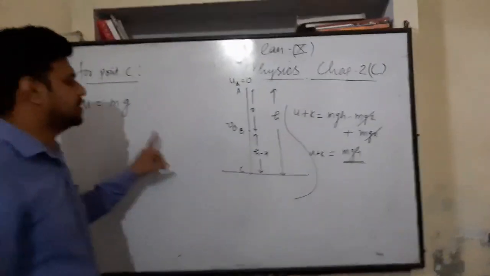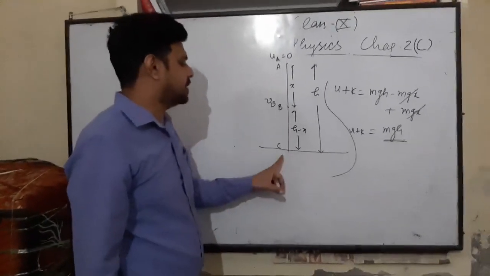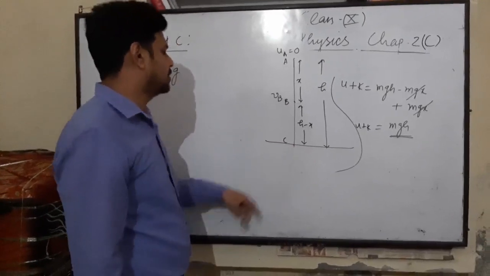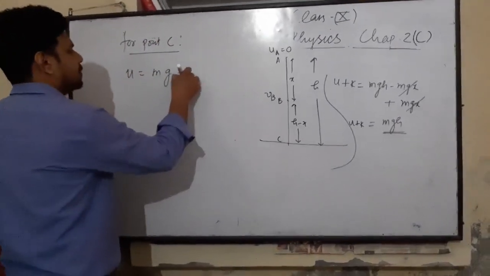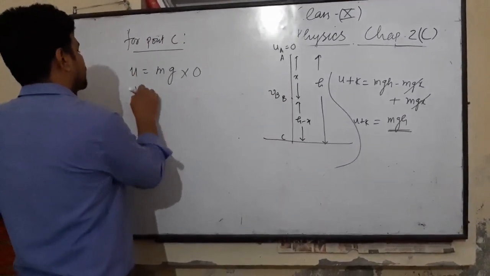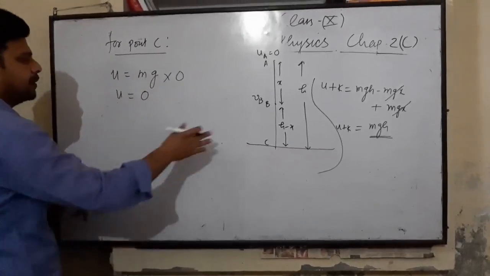What is the value of h for point C? The object is at the earth's surface, so the height of the object from the earth's surface is 0. So the potential energy will be 0 at point C.